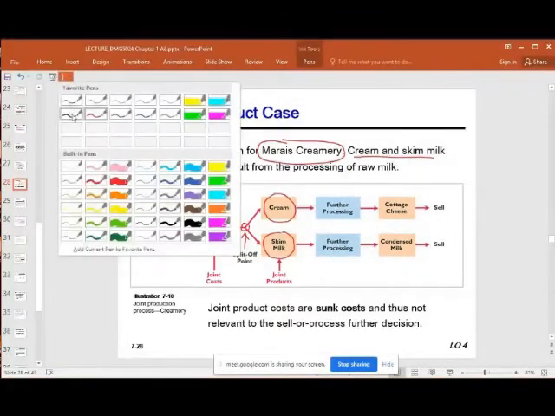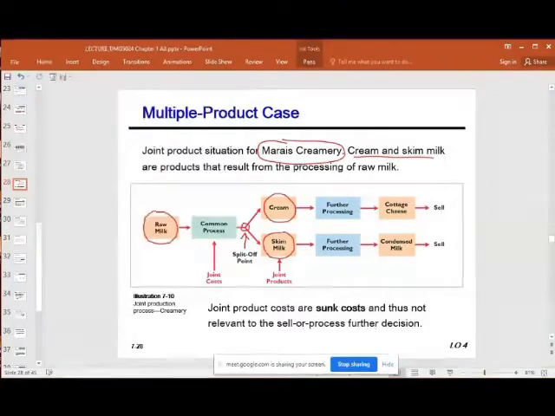So we look at the first one. Let's use blue color. The first one is from cream: you process further to cottage cheese, and then you sell. So the decision is, do you want to sell at cream, or do you want to sell at cheese?